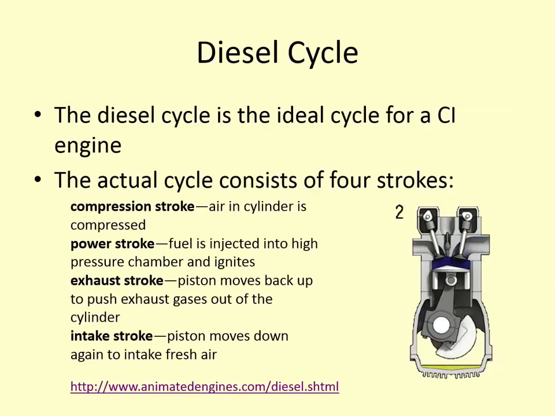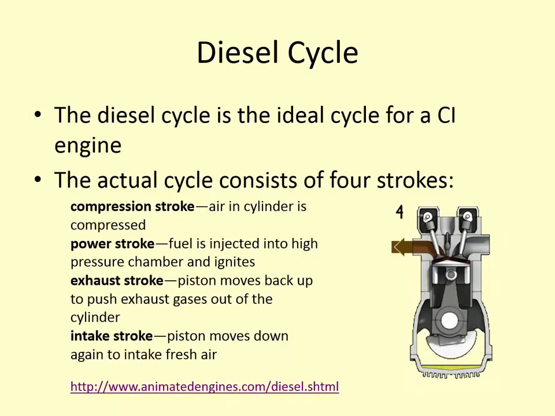The diesel cycle has been around a long time as well. It's compression ignition, and so these strokes are very similar to the Otto cycle, with the exception that the power stroke happens as this fuel is injected into the cylinder and self-ignites.